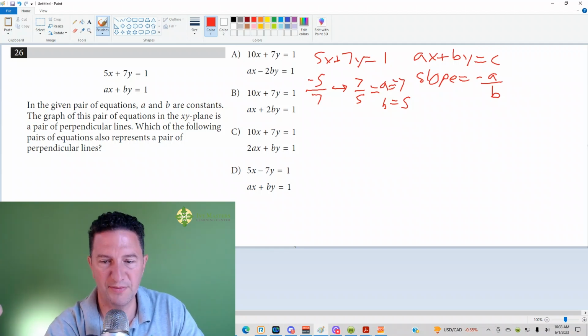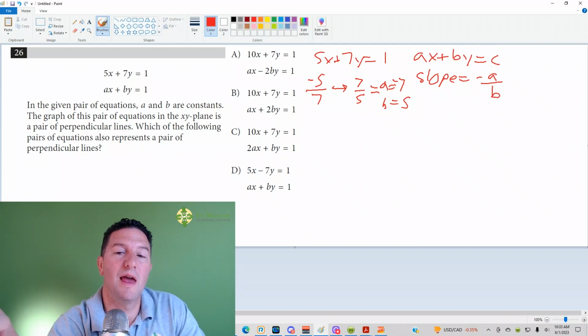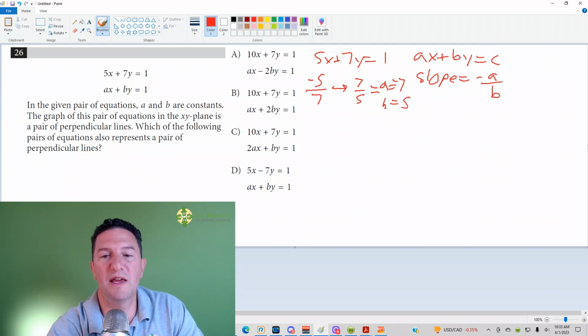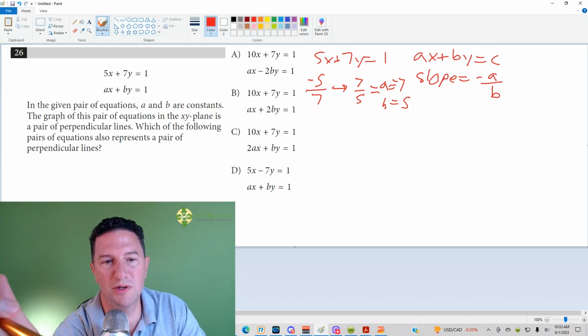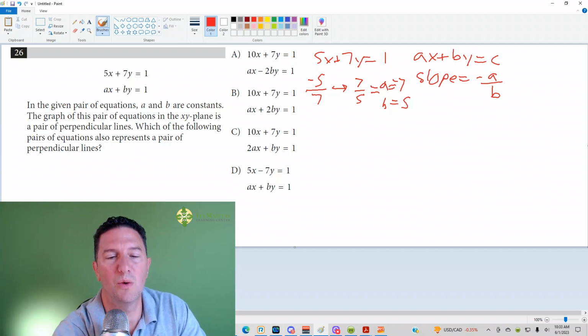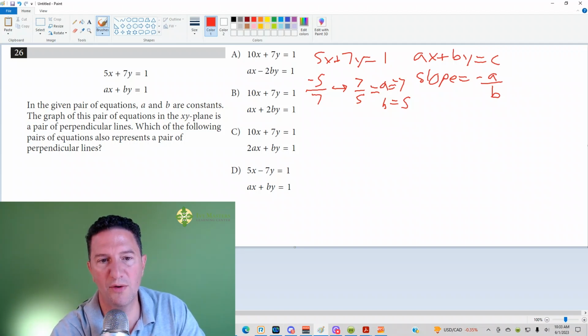Now, knowing that your a is negative 7 and your b is 5, we're going to go to the answer choices and figure each slope. We're going to put negative 7 in for A, put 5 in for B, and see what winds up giving us perpendicular slopes.